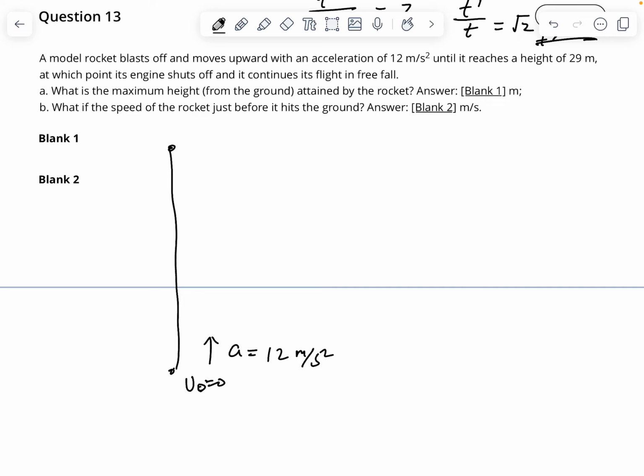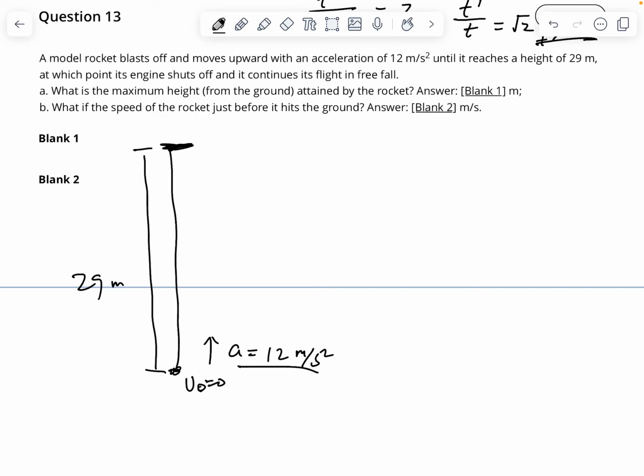Here is 29. So this is moving with constant acceleration, which is a. The rocket is propelled up by external force, at which point its engine shuts off. So when you reach here, engine shuts off, and it continues its flight in free fall. So from here, it's a free fall.